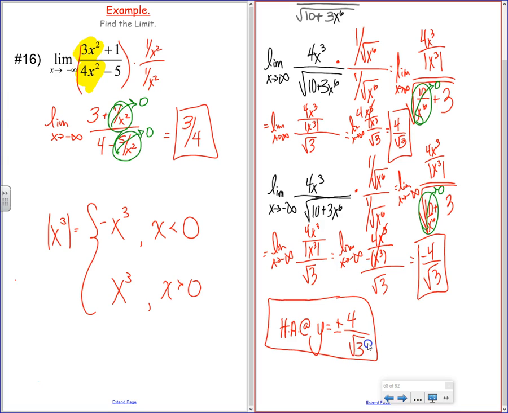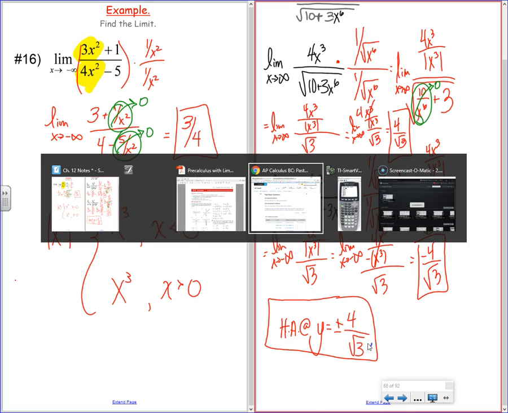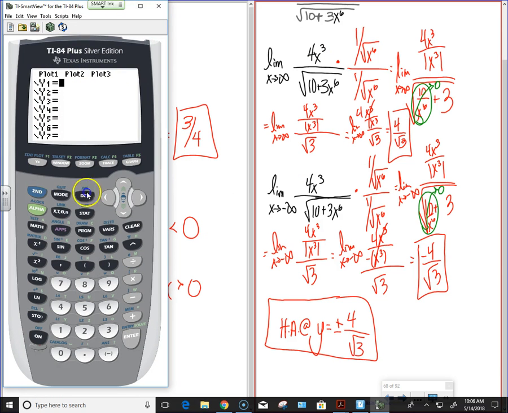Two horizontal asymptotes, one at positive 4 over rad 3 and one at negative 4 over rad 3, which, just for sake of reference, we might want to get a decimal of so that we can go ahead and see what's going on.